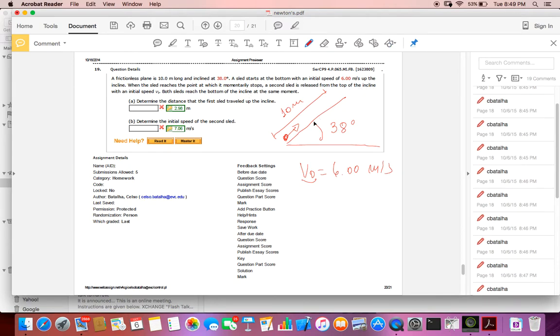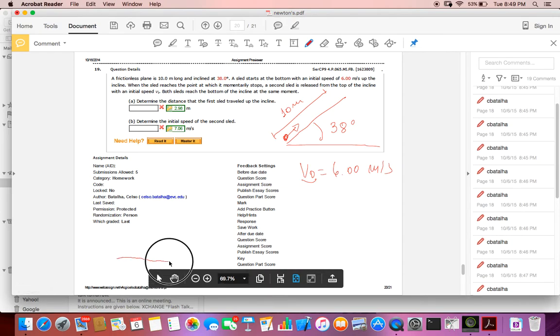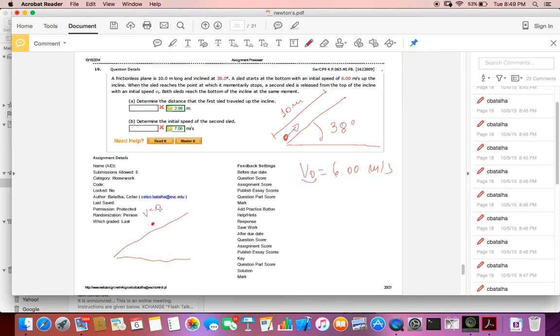So let me repeat this situation here. When the first sled moves up and gets to this point, where its velocity is equal to 0 meters per second, a second sled is released from the top of the incline with an initial velocity vi. So we have a second one here that is released with an initial velocity vi.